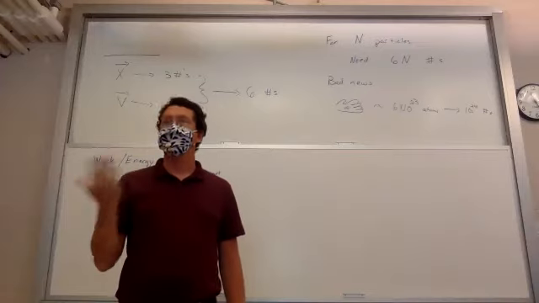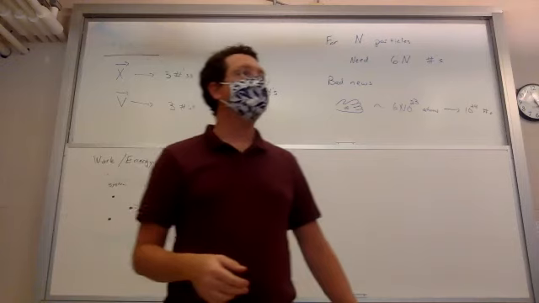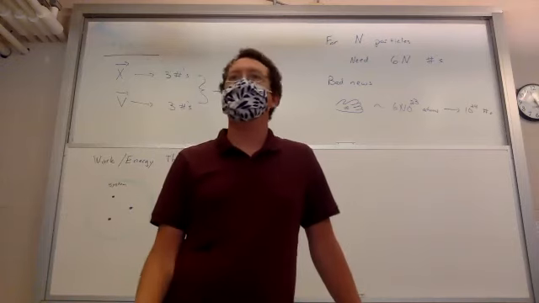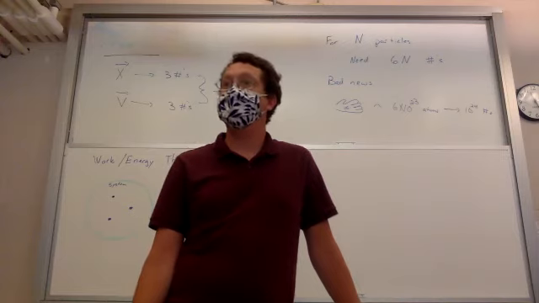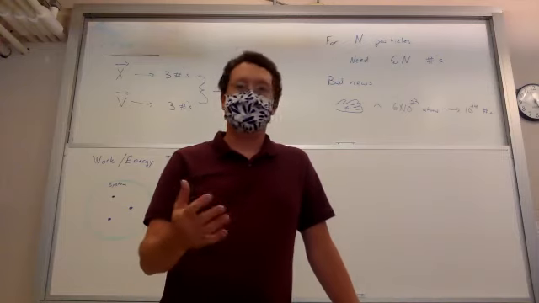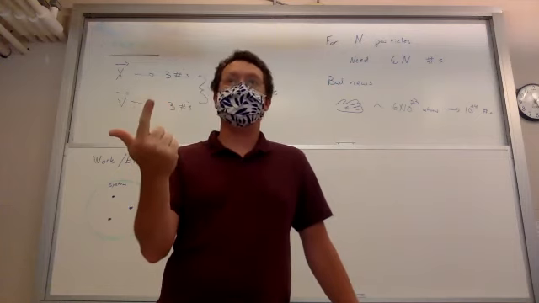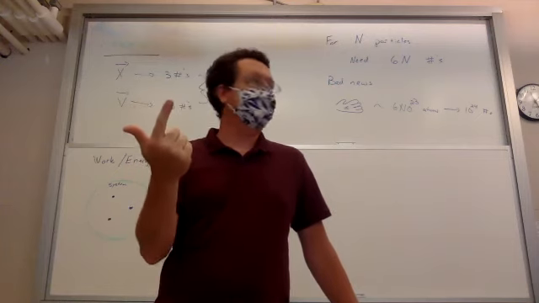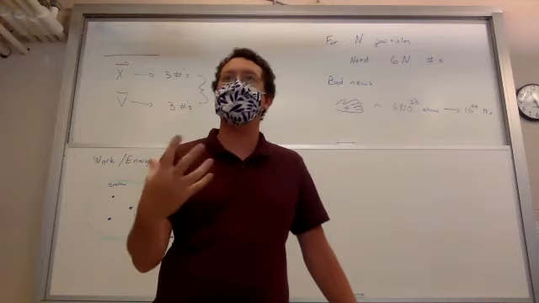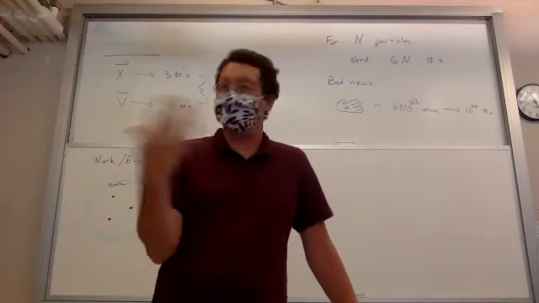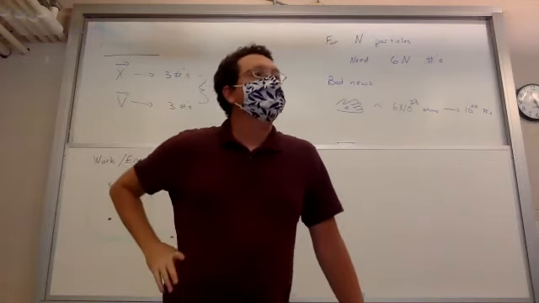What was the formula for kinetic energy of a point particle? 1/2 mv squared. A particle has a mass, a particle has a velocity. So if it has a mass and a velocity, then it has a kinetic energy. It's that simple.